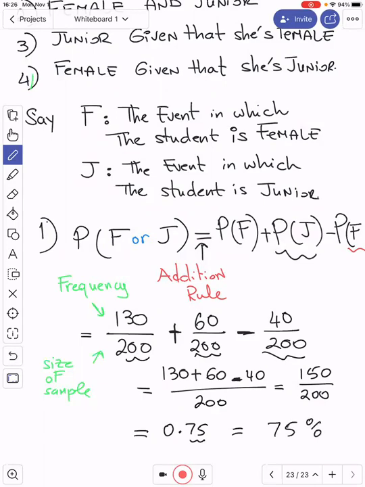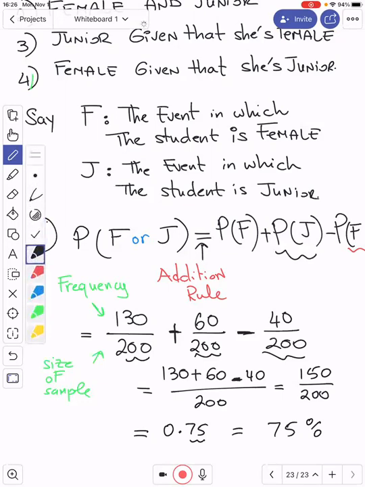So what we are saying, guys, is that if you select a student at random, then there is a 75% chance that the student is a female or a junior. That's the interpretation of this 75%.